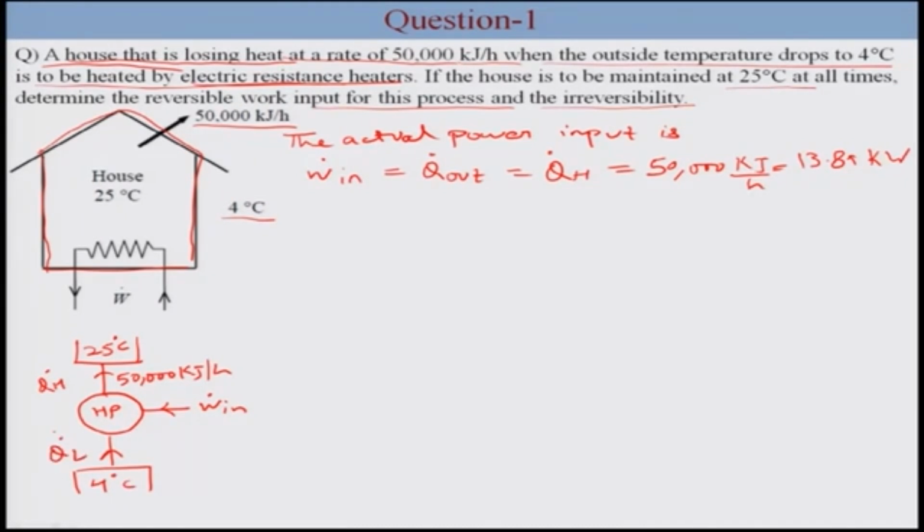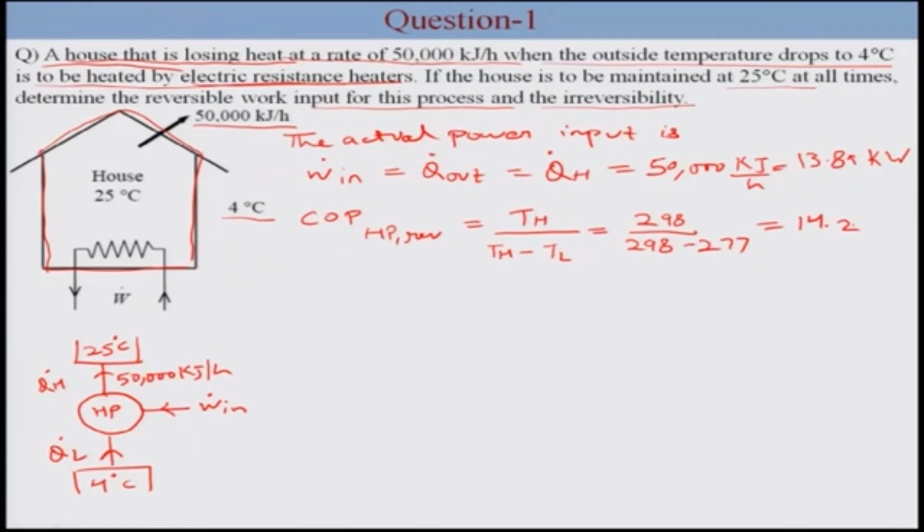Now because the power which is lost by a house is continuously supplied by the resistance heater to maintain a constant temperature, the COP of this heat pump for a reversible process is TH, which is 25 degrees Celsius, divided by TH minus TL, and TL is 4 degrees Celsius. So this becomes equal to 298 divided by 21, which is equal to 14.2.